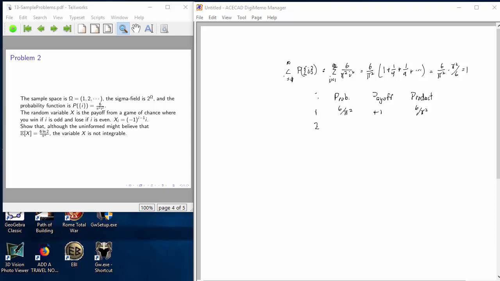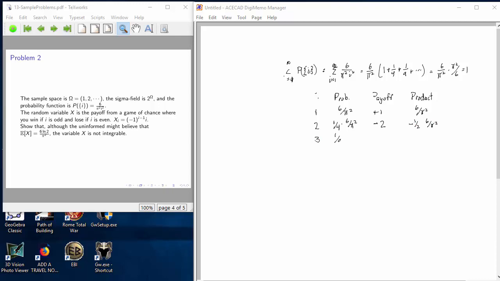When i equals 2, the probability is down by a factor of 4. The payoff is negative 2 now, and the product of those is therefore minus 1/2 times 6 over pi squared.